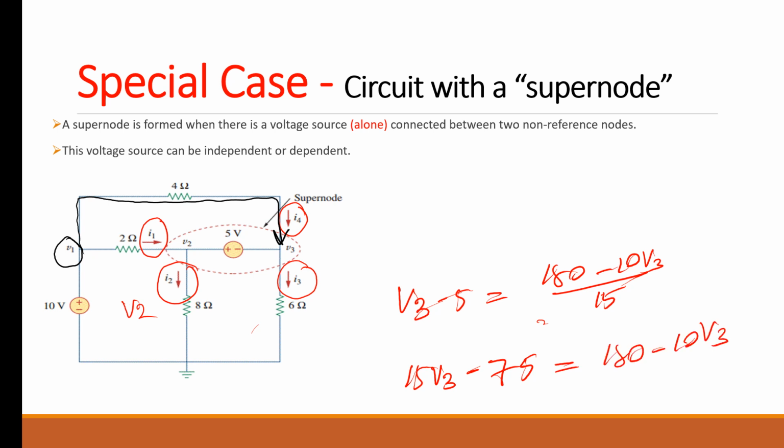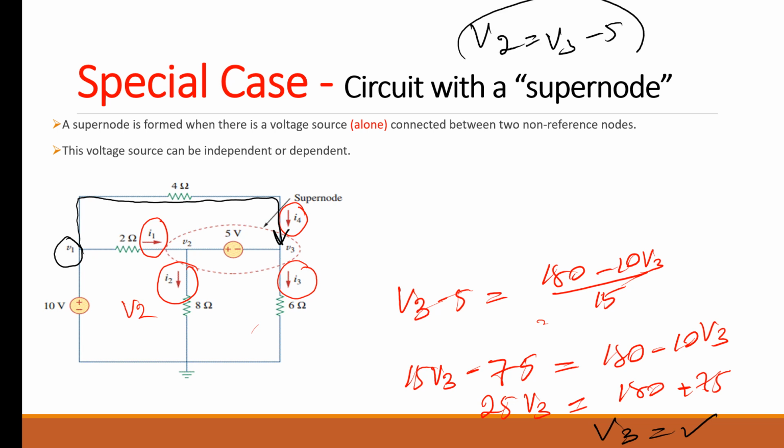So we can say 25V3 is equal to 180 plus 75. So you can find V3 here. So you find V3 and you can substitute it and find V2. V2 is equal to V3 minus 5. So you can find V2 and V3 both.